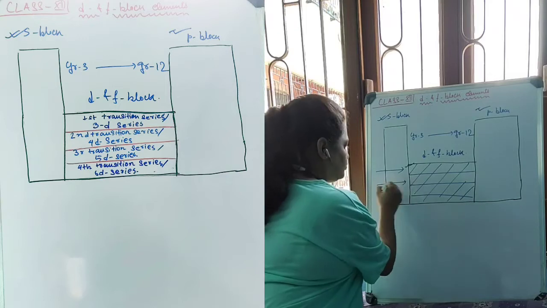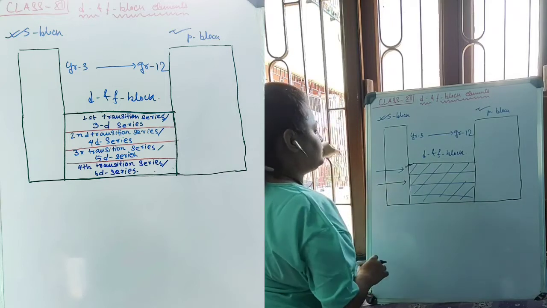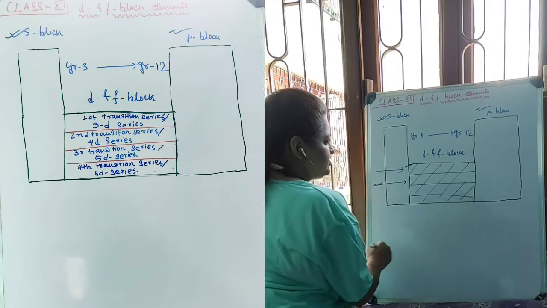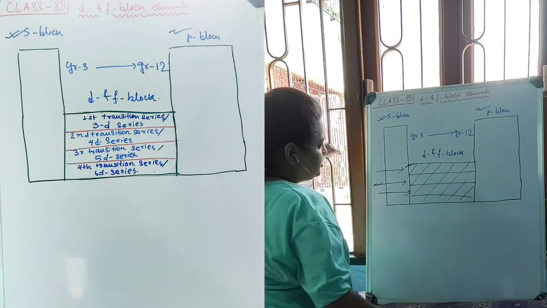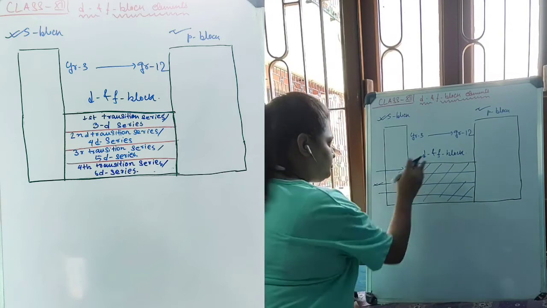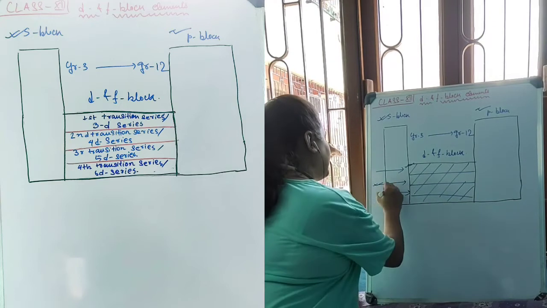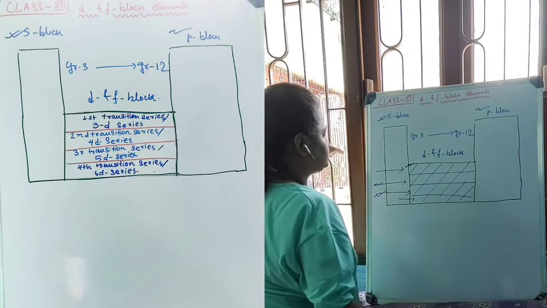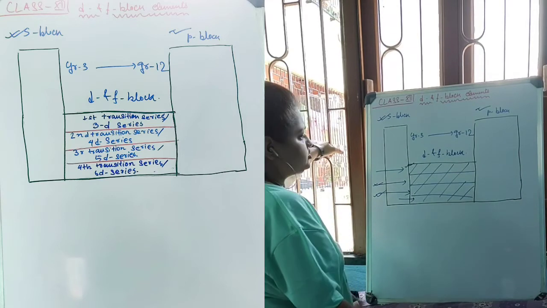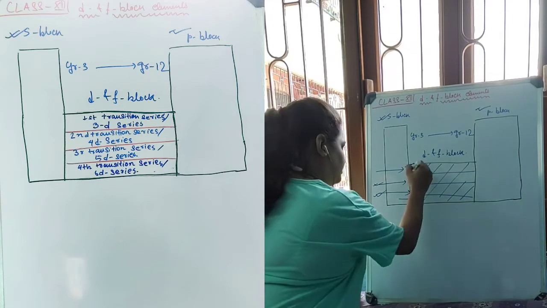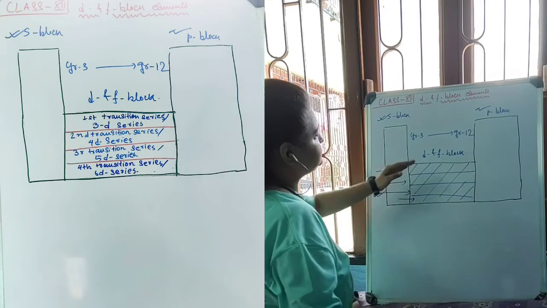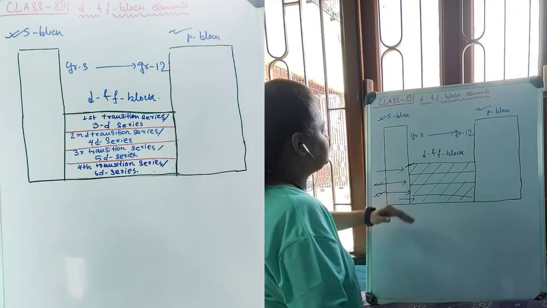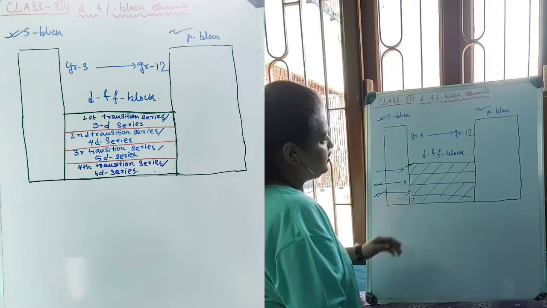The second period is known as the second transition series. The third period is known as the third transition series, and the last one is known as the fourth transition series. We are going to discuss individual transition series, first, second and third, individually in our coming classes.